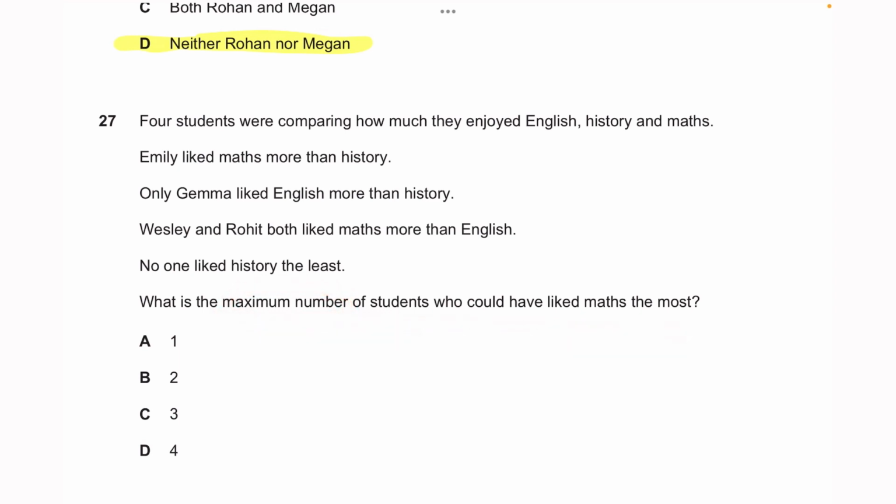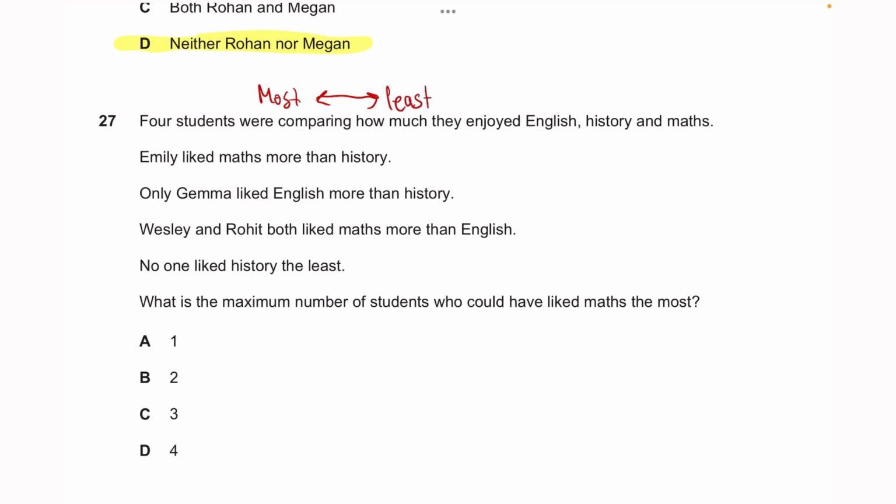All right, so what we're looking at here is we've got four different statements, and from these 4 different statements we need to compare and rank their most favorite subjects all throughout. Okay, and so if we have a look here, it says Emily liked math more than history. Okay, so this is comparing, and boys and girls, what we're going to do is we are going to write from the most favorite subjects like this going down to the least like this.